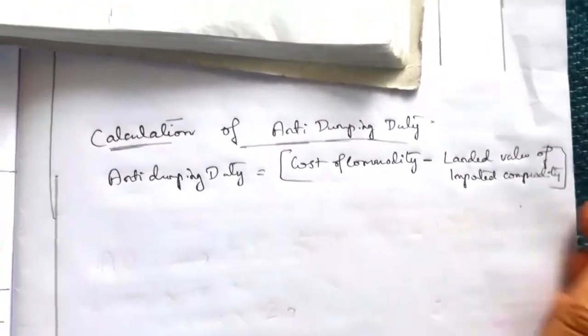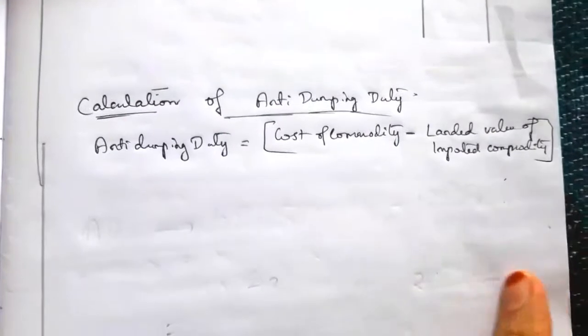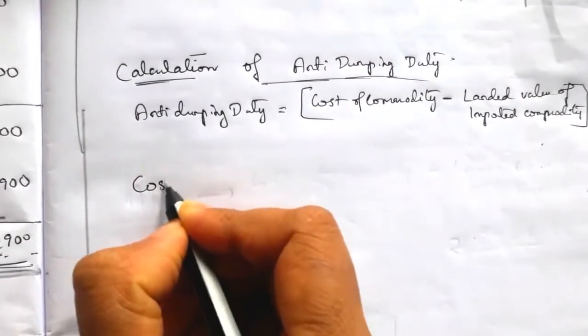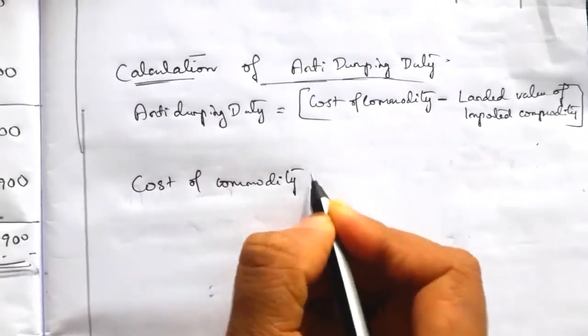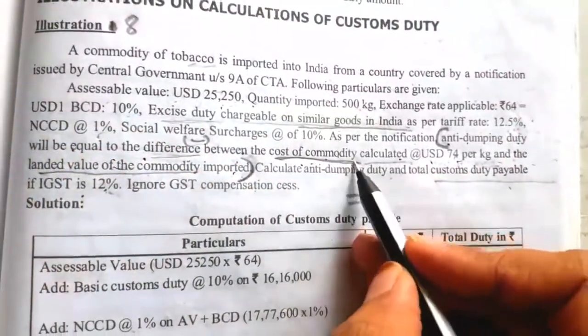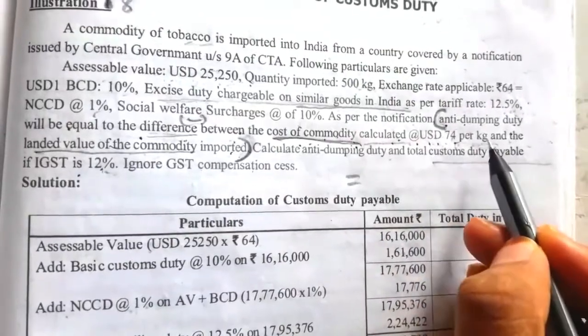Now we know the landed value of commodity imported, but we don't know the cost of commodity. So next we will calculate the cost of commodity. How to calculate it? They have given the instruction. The cost of commodity is calculated at $74 per kg.